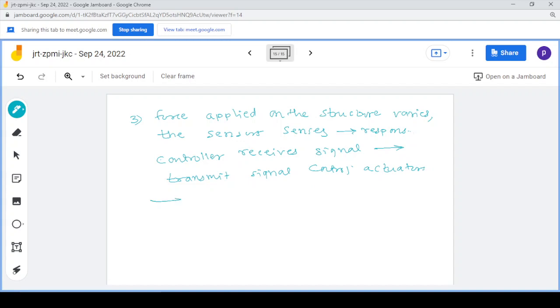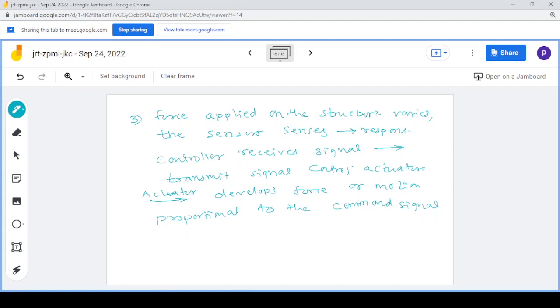The actuator develops force or motion proportional to the command signal, right?